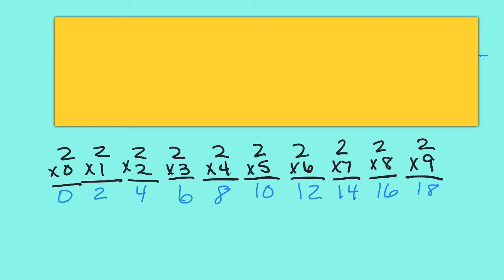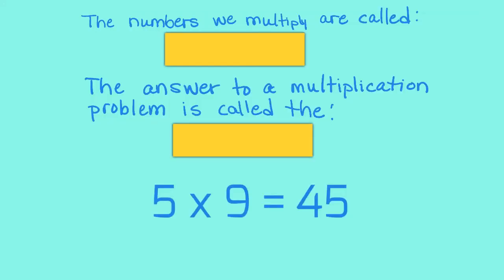Good job. So which number tells us the number of groups now? Yes, the bottom number. The numbers we multiply are called factors. The answer to a multiplication problem is called the product. So, do you remember the numbers we multiply are called what?